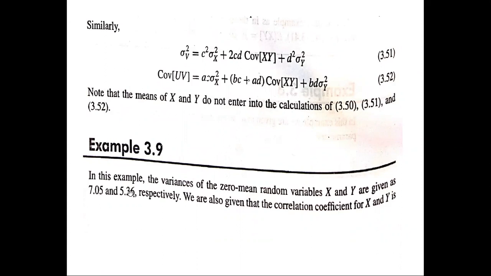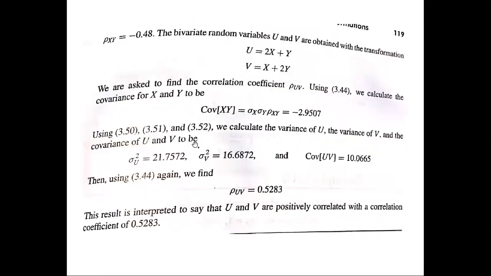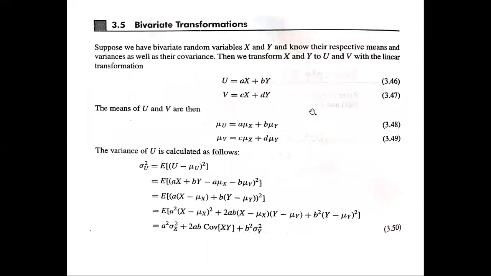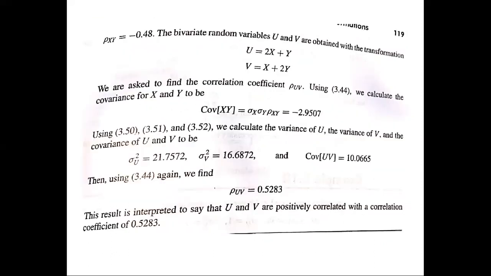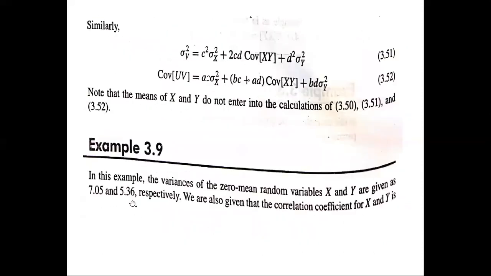Sigma y squared is 5.36. The covariance of x and y, we have found as minus 2.9507. Okay, all these we need to substitute in this equation. So 2 squared times 7.05 plus 2 into 2 into 1, b is 1, times the covariance, which we have just found to be minus 2.9 something, plus b squared, which is 1 squared itself, times sigma y squared, the value which is given as 5.36.